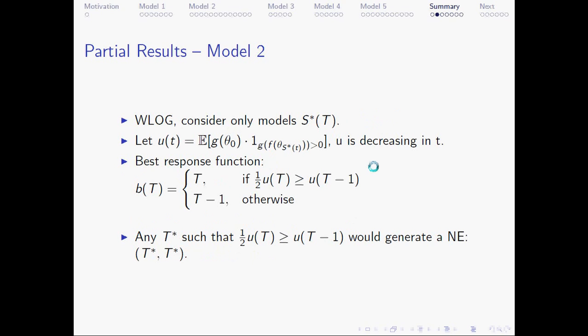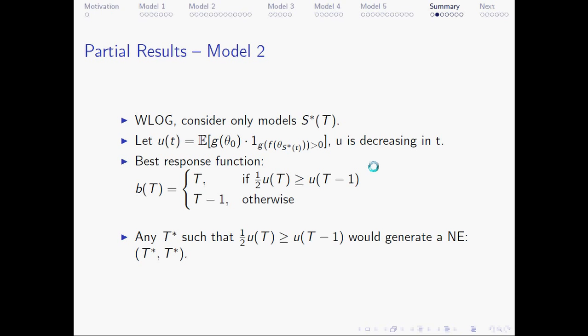However, I think there is some problem with this best response function, because I assumed U is decreasing, which is not necessarily true. It's also possible for the best response function of t to be t plus 1 as well. So I kind of ignored that, and I should add that.